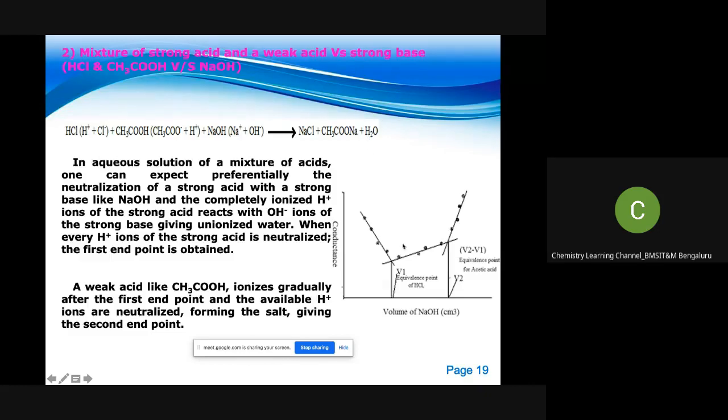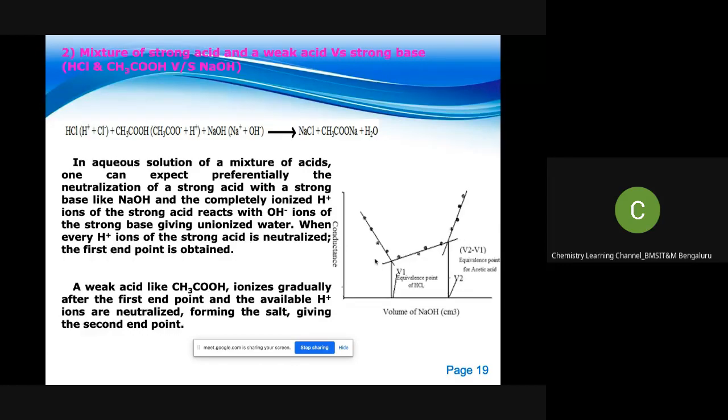So you can see the second line which you are seeing, slowly their readings are increasing, right? In this case, it is due to the formation of the sodium acetate, a strong electrolyte. Okay, so in this case, the formation of the sodium acetate is going to take place during the neutralization of weak acid with NaOH.